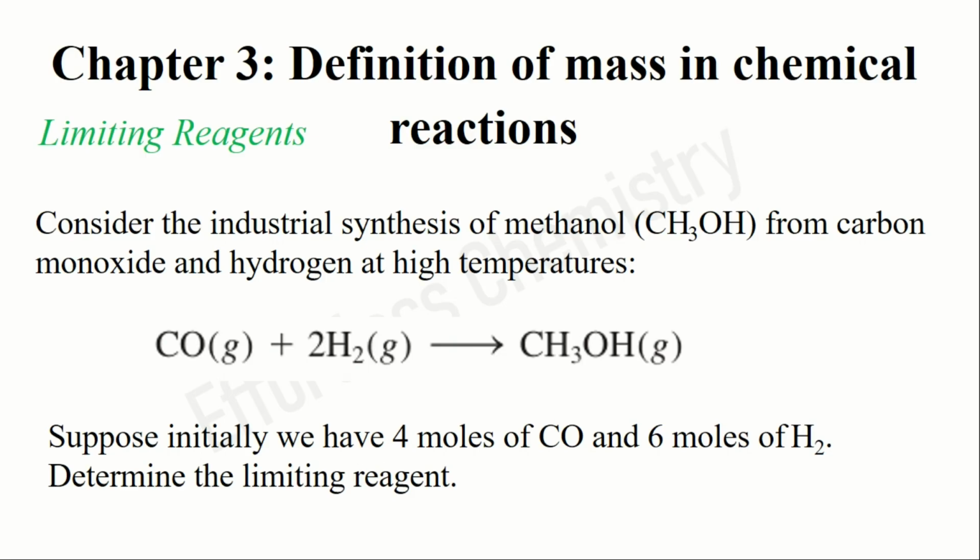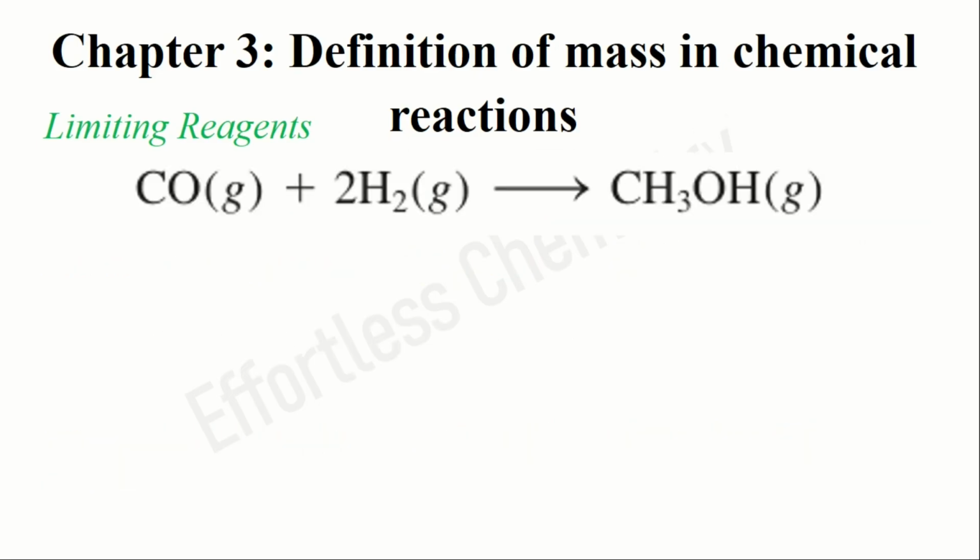One way to determine which of the 2 reactants is the limiting reagent is to calculate the number of moles of methanol obtained based on the initial quantities of carbon monoxide and hydrogen. From the preceding definition, we see that only the limiting reagent will yield the smaller amount of the product.